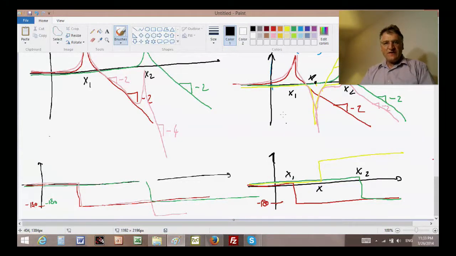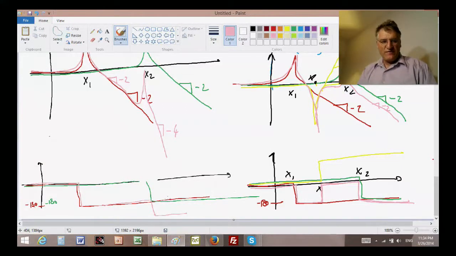And so the phase does this interesting trick, whereby it first goes down, then goes back up, then goes back down. It does this kind of jagged trip: down, then up, then horizontal, then back down.